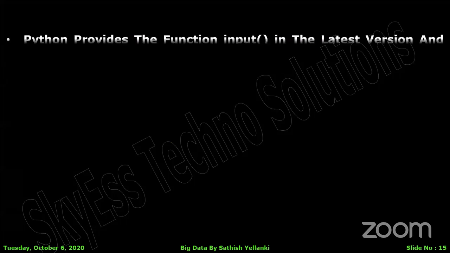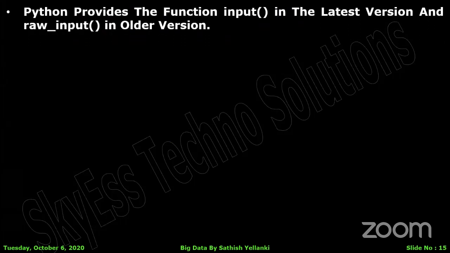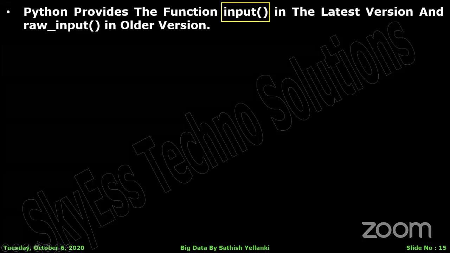Python provides two different variations of the function. One is raw_input, which is basically used in the older version. If you're working in Python second version, raw_input is used. Starting from the third version, the latest, we should use the input function.